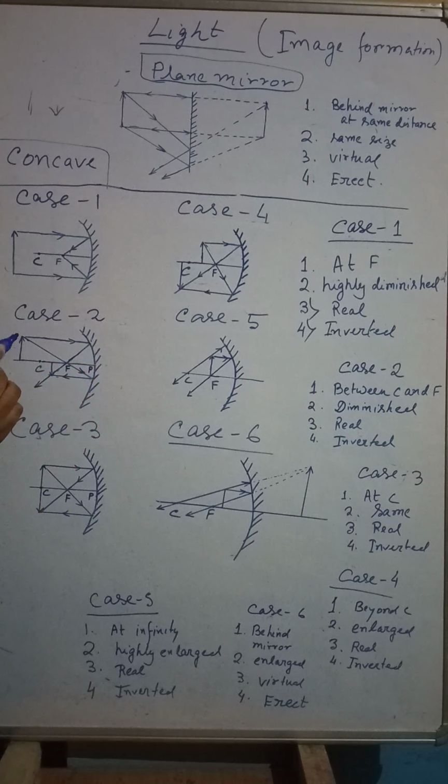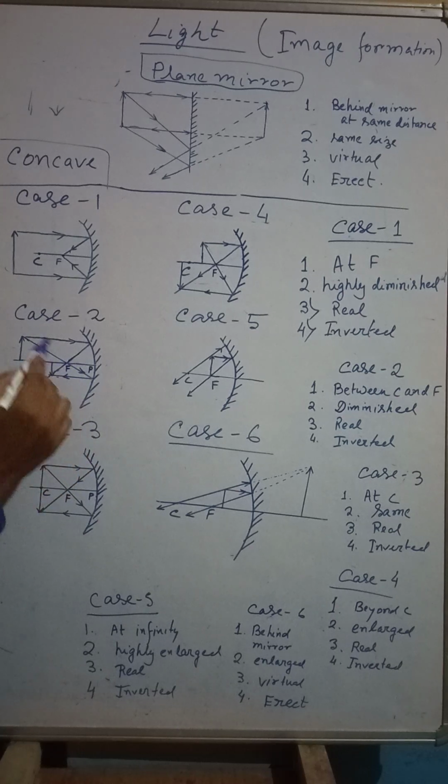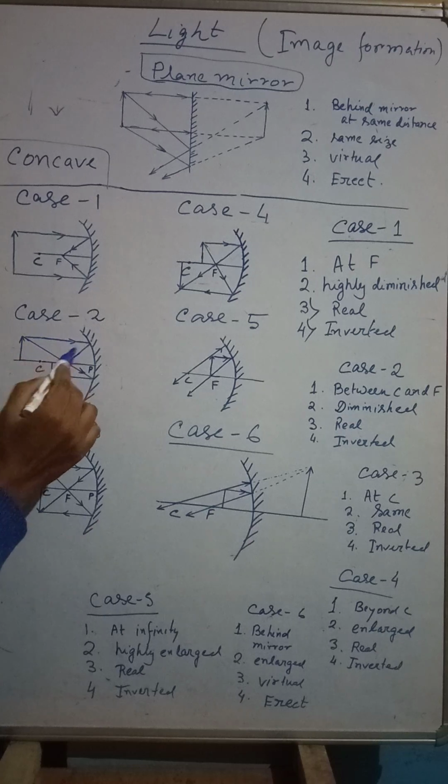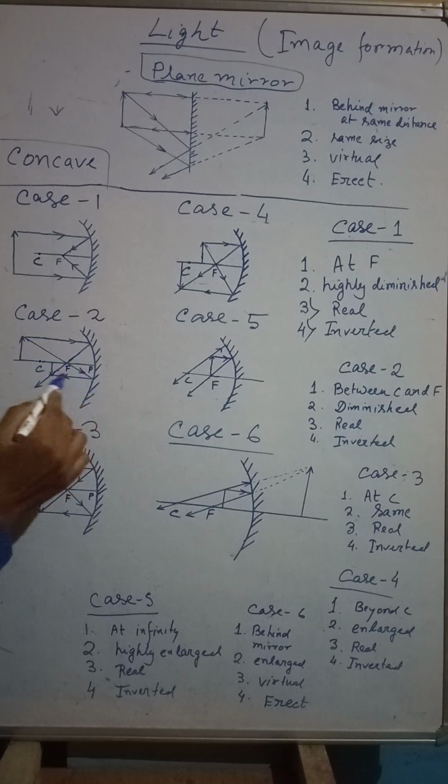This is another ray, which goes through the focal point, and after reflection the reflected ray goes parallel to the principal axis. Here the incident ray is parallel to the principal axis, and here the reflected ray is parallel to the principal axis.